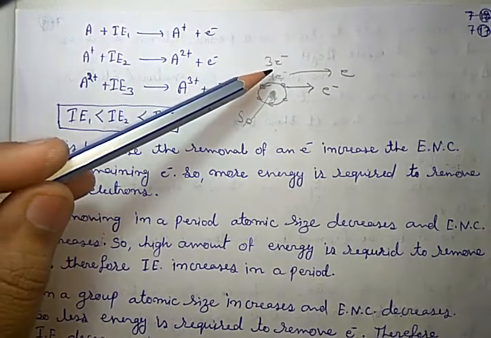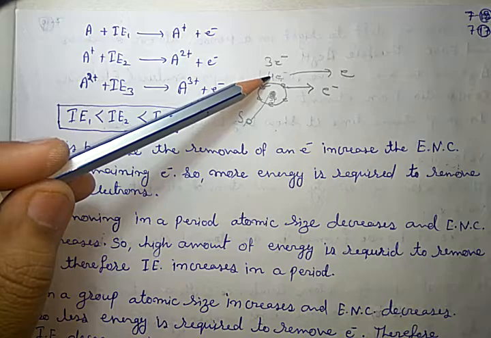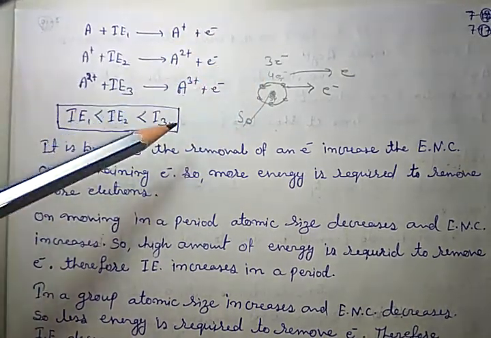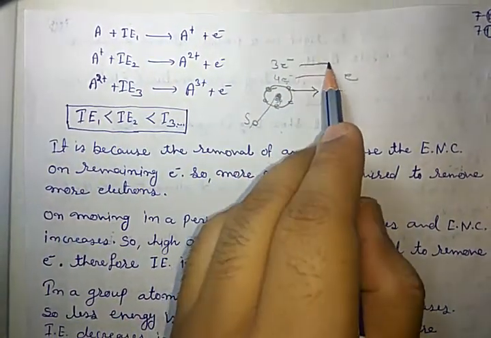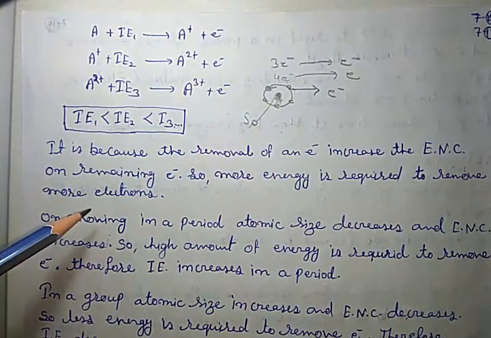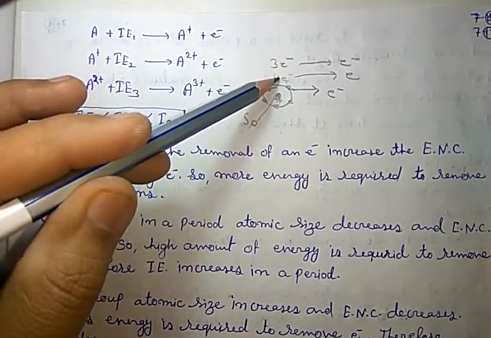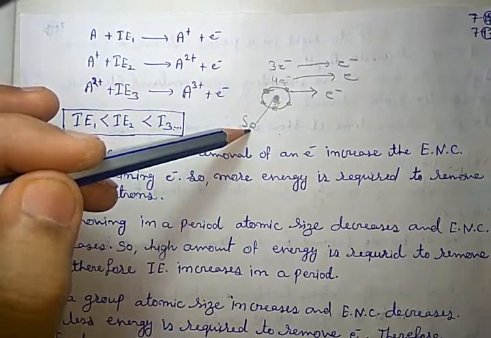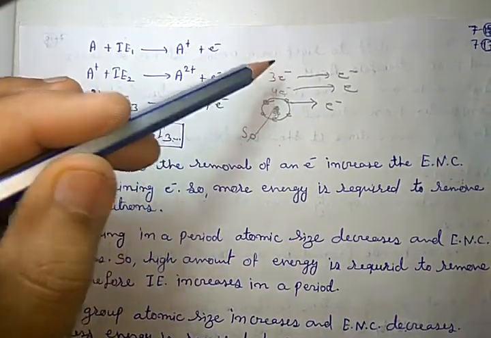Clear? That means now we need more energy. Now we removed one more, so there are now 3 electrons, and if we want to remove one more electron, then we need more energy, because there is no change in protons, so the attraction force will be greater.